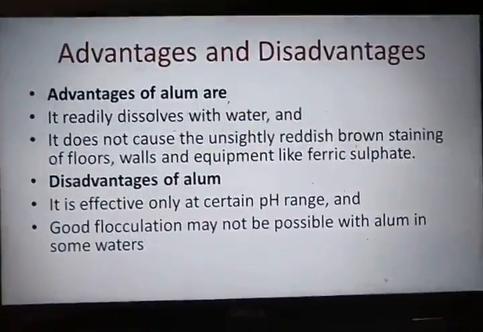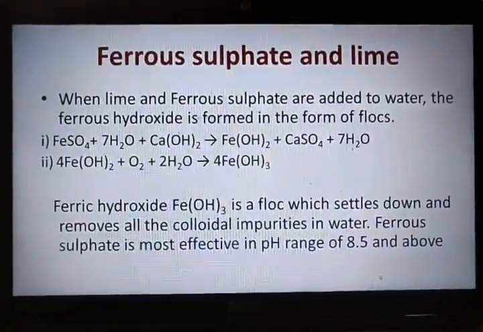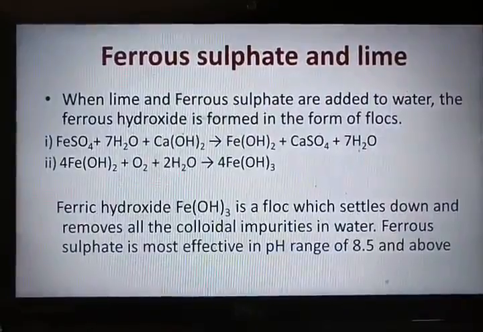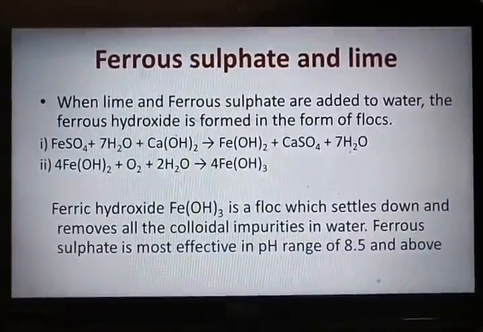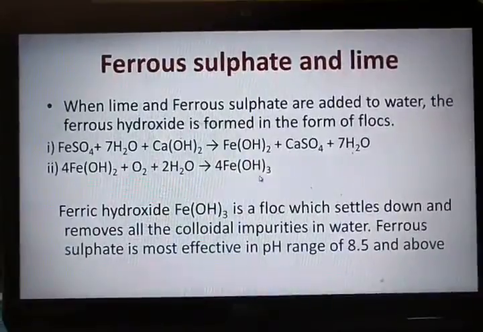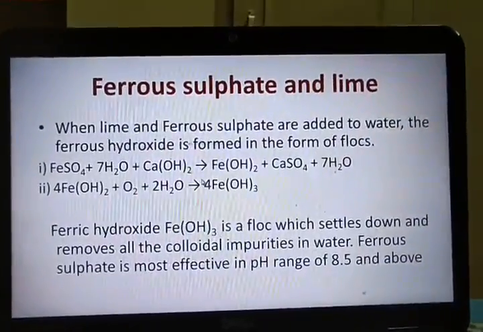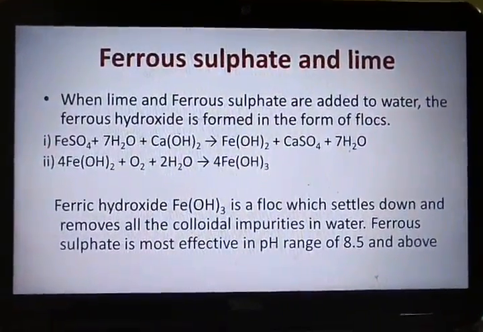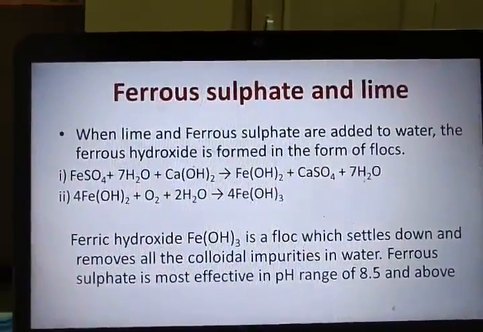Then coming to ferrous sulfate, when lime and ferrous sulfate are added to water, the ferric hydroxide is formed in the form of flocs. So unlike the aluminum hydroxide floc, along with the addition of lime, here we can see the formation of ferric hydroxide floc.